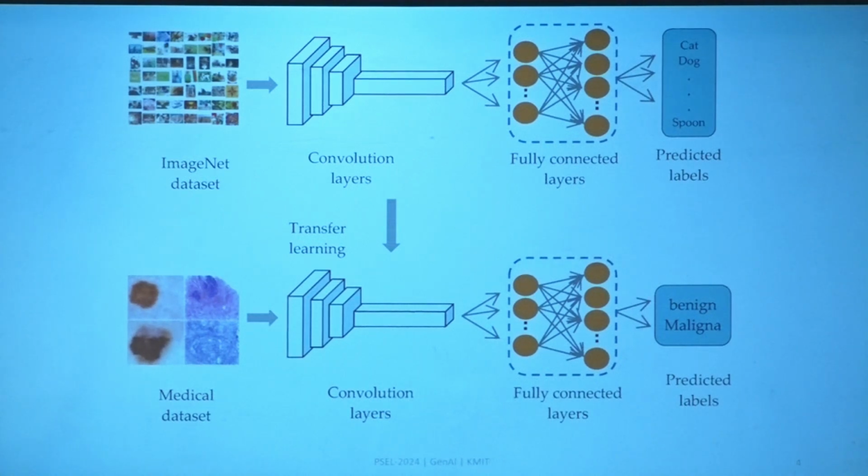Now you are using the transfer learning technique, so you are using the convolution architecture, not necessarily all the fully connected layers. It depends, we'll see that. Even if you use all the fully connected layers, the last fully connected layer has to be changed, because the task of the medical data set is predicting one among two classes only.